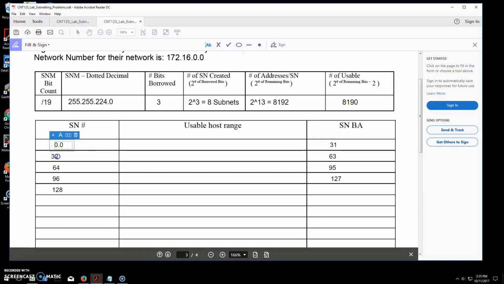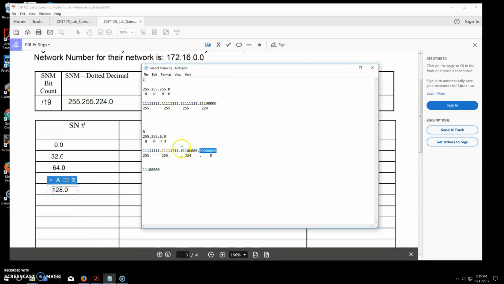So I'm going to add on this fourth octet as .0. That's going to make the host portion all zeros, indeed making it a network number. Well, that was easy. I did the borrow bits here in the third octet, and I'm tagging the fourth octet as 0 to make it a network number.